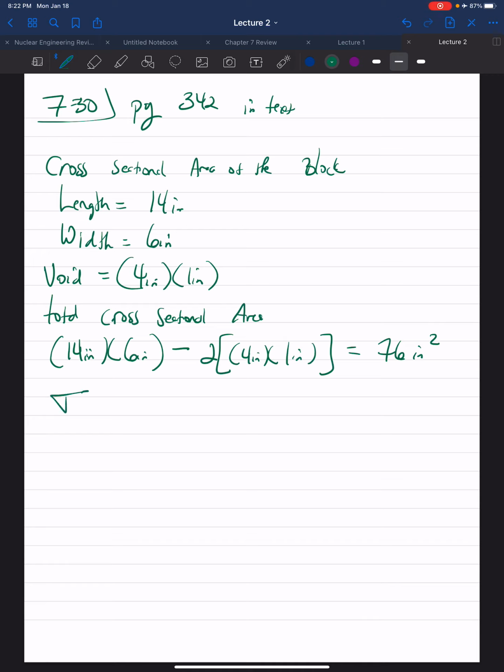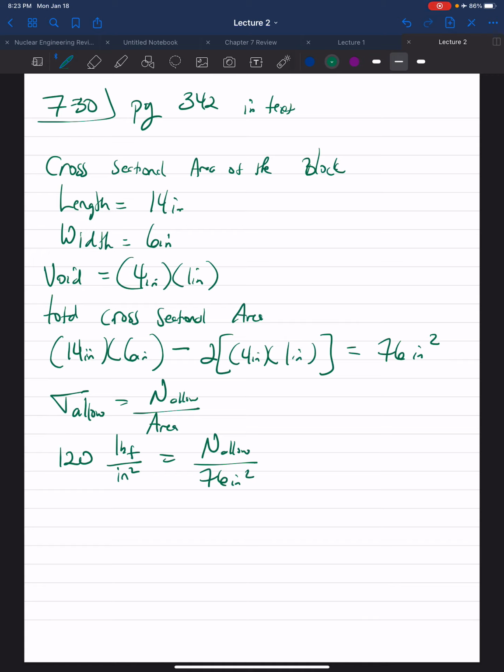Therefore, the allowable normal stress is the normal force allowed over the area. Well, they gave us the allowable normal stress, or the max, when it fails, so that's the most you can allow, as 120 psi. PSI is pound force per inch squared, so psi equals N allow over the area, which we saw is 76 inches squared.